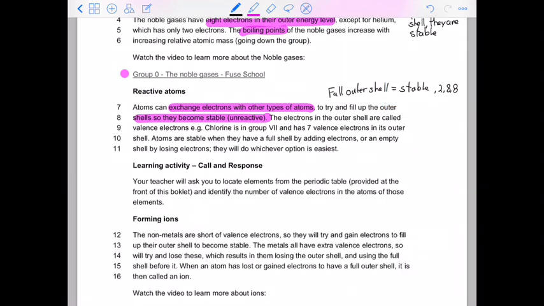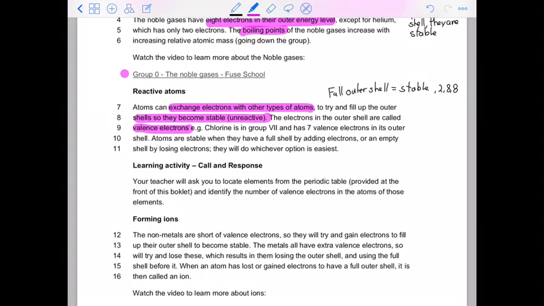So the electrons in the outer shell are called valence electrons, as we've said a couple times. So chlorine is in group 7 and has 7 valence electrons in its outer shell. So it has 7. Do you remember how many it needs in order to be full?